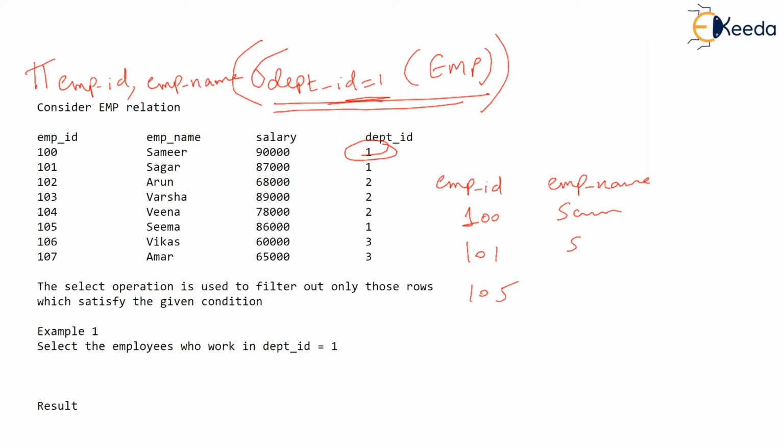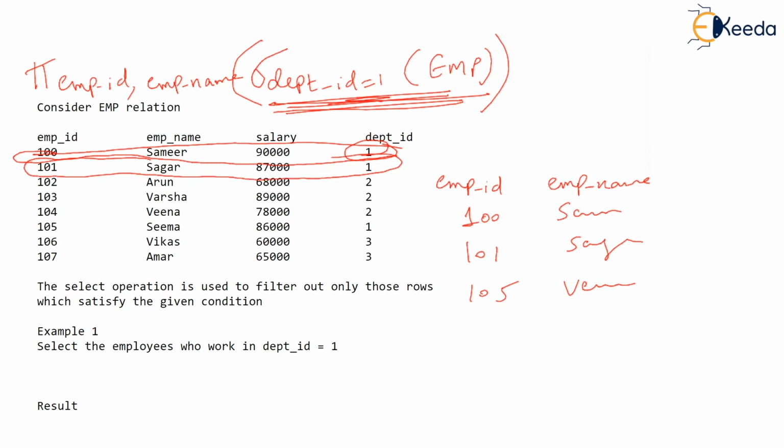So what has happened actually, when this inner expression executed, we got this entire row with all the columns in our answer. This second row also we got, all the columns we got, and this row where, oh, I think Seema is the name. Okay, fine. Three rows were selected by the select operation.